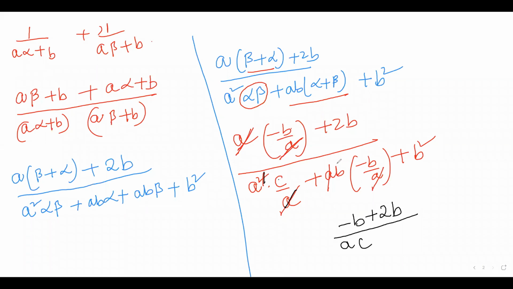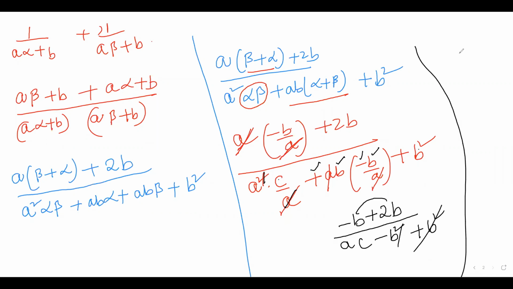Here b into b, and plus into minus, b square, isn't it? And plus b square minus b square cancel, and the final answer: 2b minus b is b. After cancellation of b square, you will have AC. That's it. Final answer.